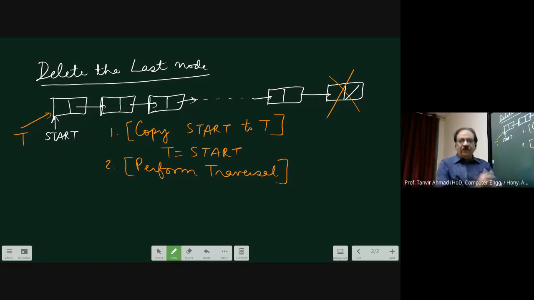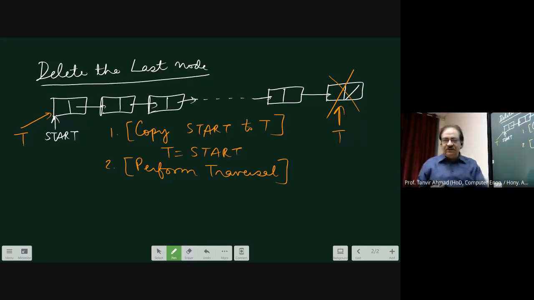If I am going to perform traversal from T, I will write a condition while T of link is not equal to null. While T of link is not equal to null, then what will happen? T will start from first, will go to second, will go to third, will go to fourth, and ultimately T will stop here.